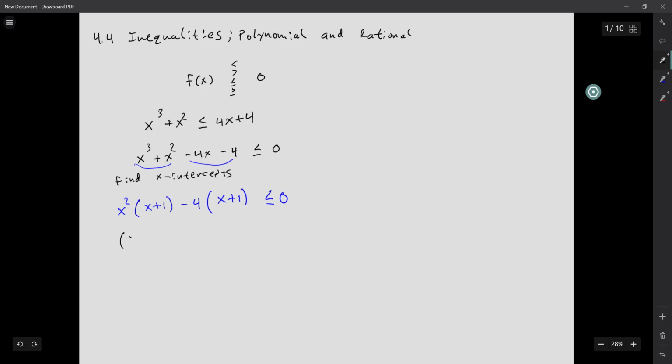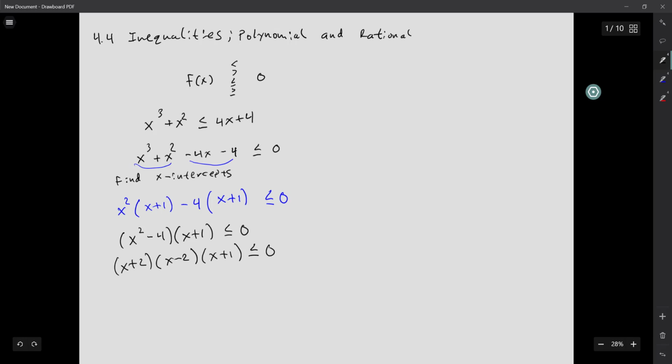So I have an initially factored form, x squared minus 4 times x plus 1. And I can keep going there because that's the difference of squares. So I've got x plus 2, x minus 2, and x plus 1.